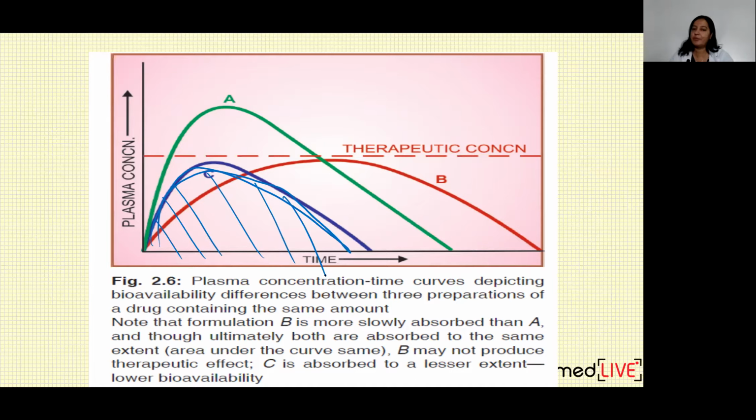Then which will you prefer? The cost of the two drugs is the same, the mechanism of action is the same, the area is also the same, so bioavailability is theoretically the same. But for the drug to be effective, there should be a minimum concentration in the blood. B is not crossing that concentration, and A is crossing that concentration to reach the peak concentration. So I will prefer A. There can be some tricky MCQs based on this graph.